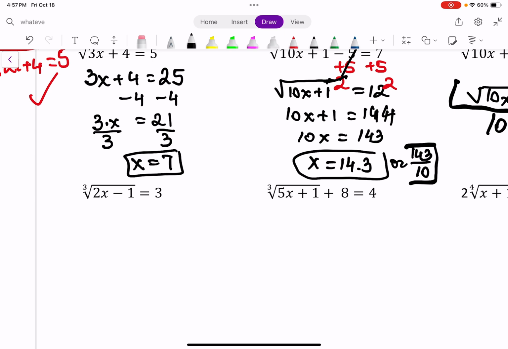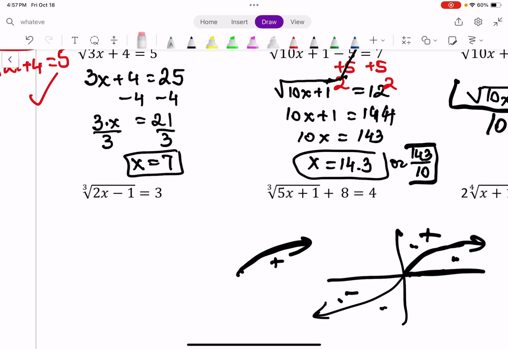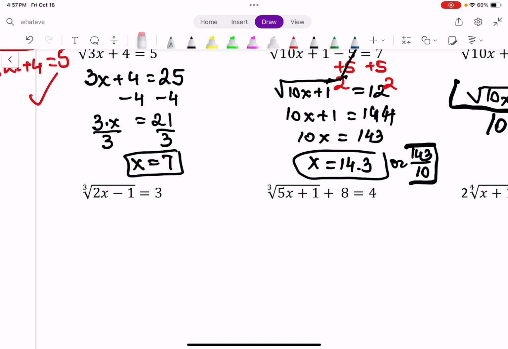The square root function looks like this: x has to be positive, y has to be positive. However, the cube root function can be both positive and negative, both for x's and for y's. So with odd roots, you are in no trouble whatsoever. With even roots, yes, you are.